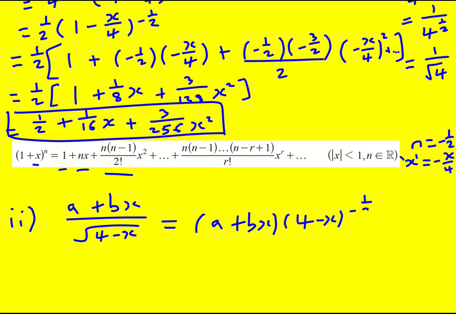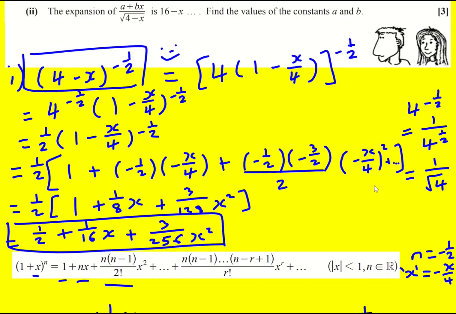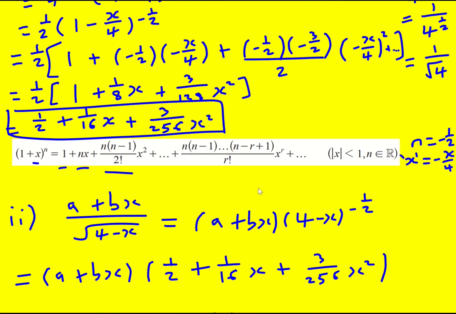You can bring it up and then make it a negative. And then I can just substitute in those terms I found in part 1. And remember, we're told that it's 16 minus x.